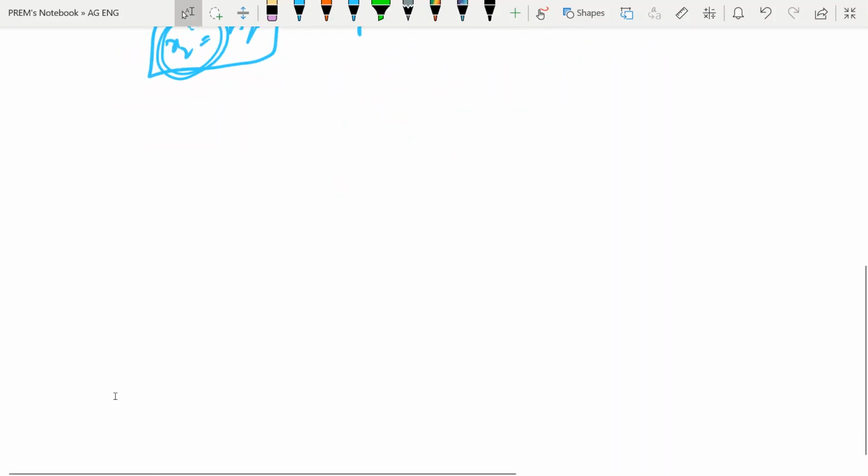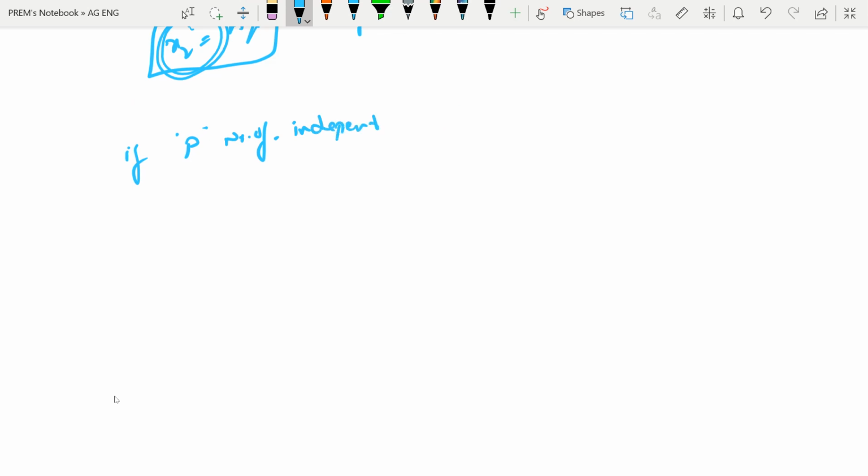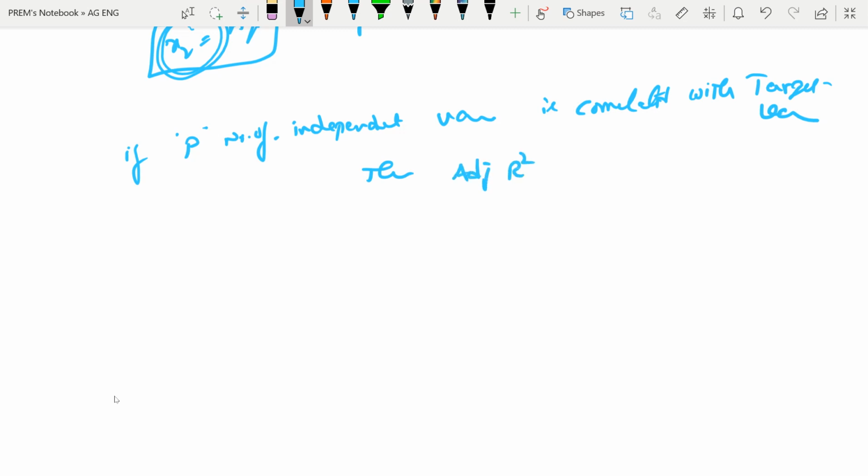So don't be confused, I will explain again. If p is the number of independent variables, and the independent variables are correlated with the target variable, then our adjusted R square will be increasing.